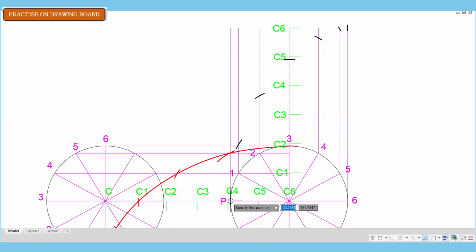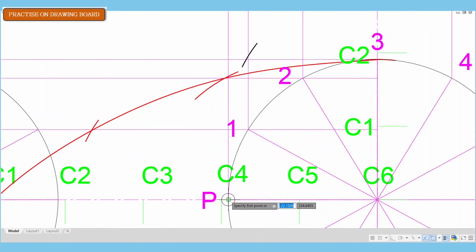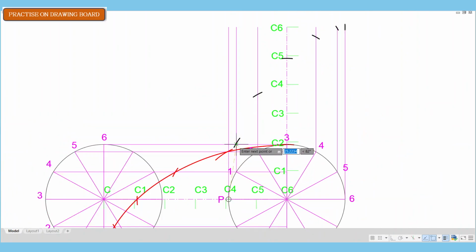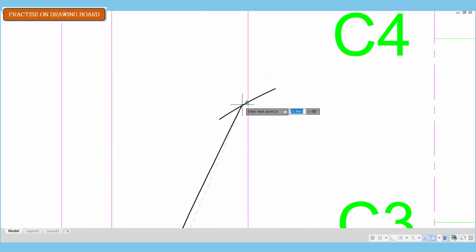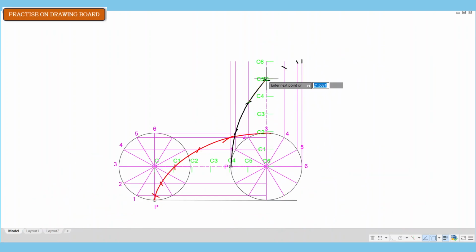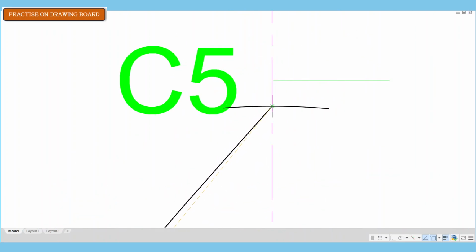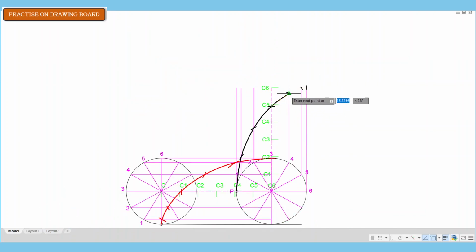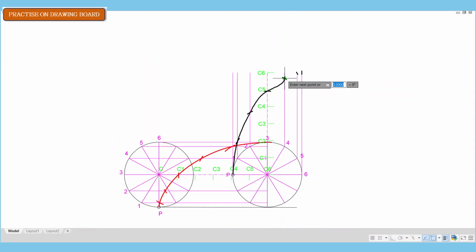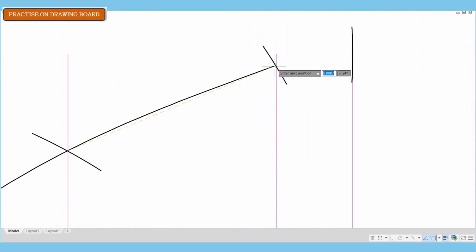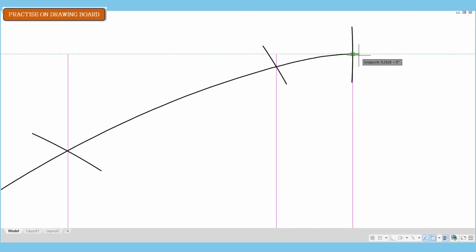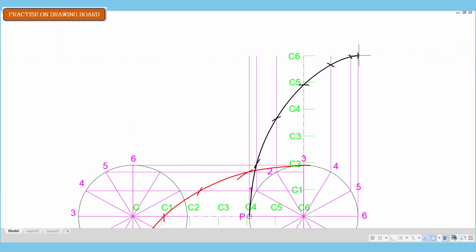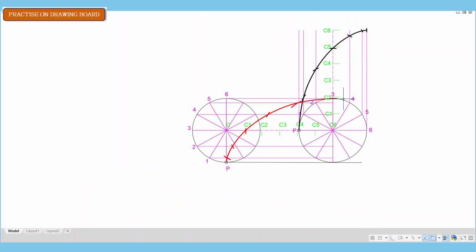So we begin from P to P1, and then P2 to P3, P4, P5, and then P6. And that basically is our solution.